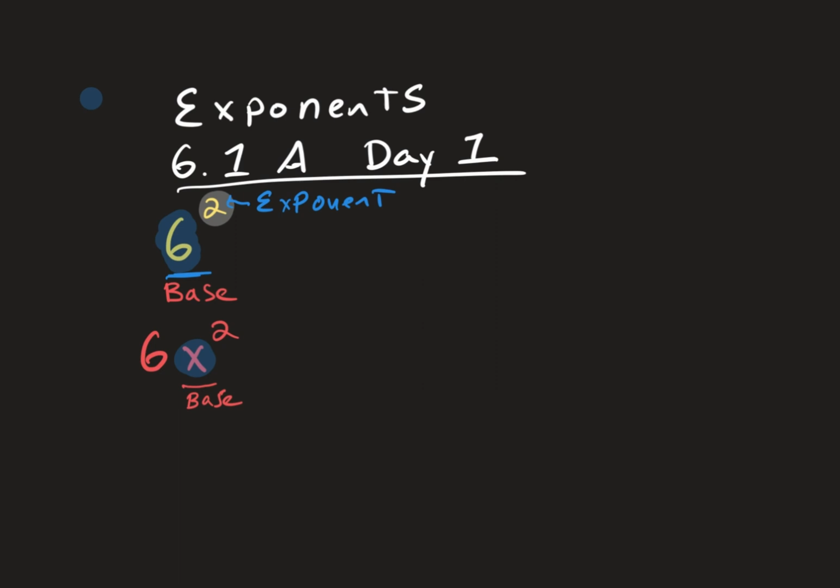Well, what does it mean when you're taking something to a power or to an exponent? What that simply means is you are taking that base times itself that number of times. So 6 squared, or 6 to the second power, is really going to be 6 times 6, which is just 36. And I'll show you how to do these in your calculator when they're numbers here in just a little bit.